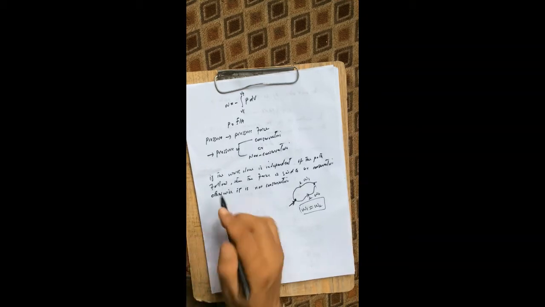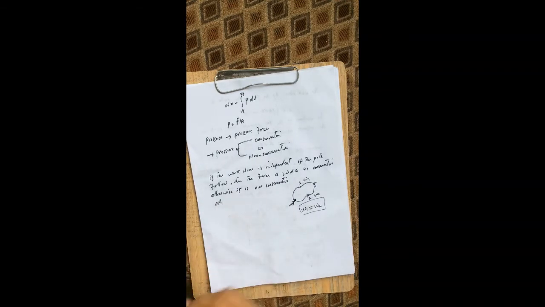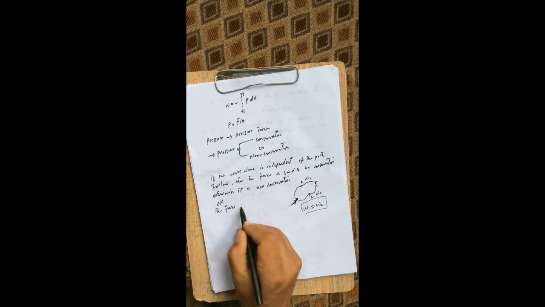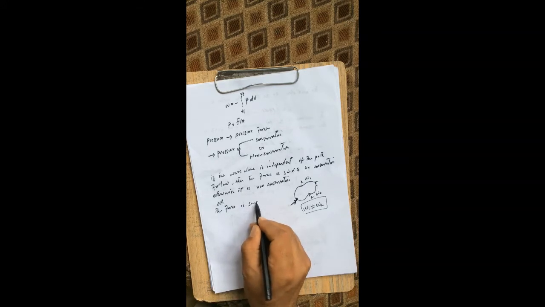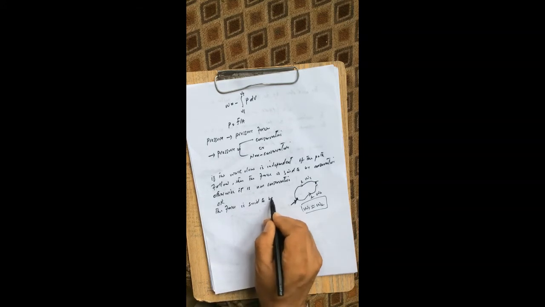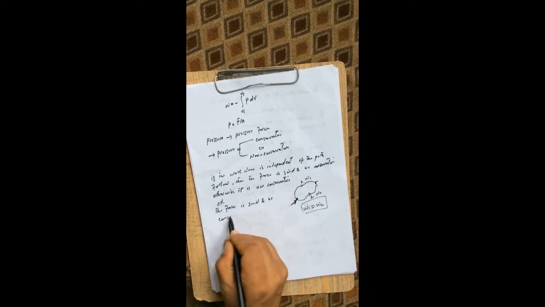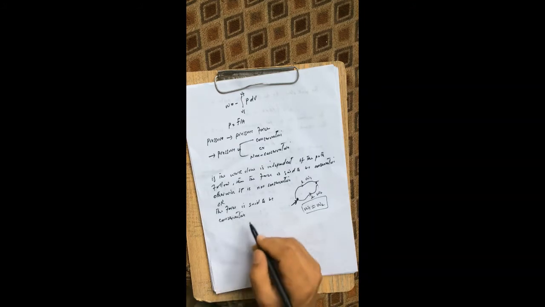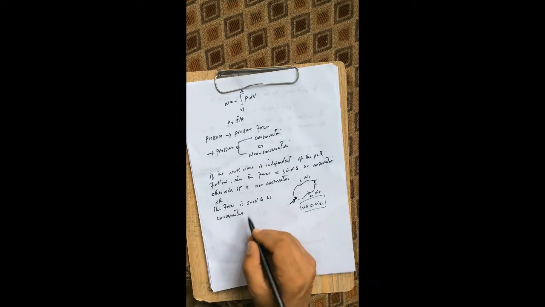Otherwise it is non-conservative. Another way we can define it is like this: the force is said to be conservative if the work done in a closed path is 0.